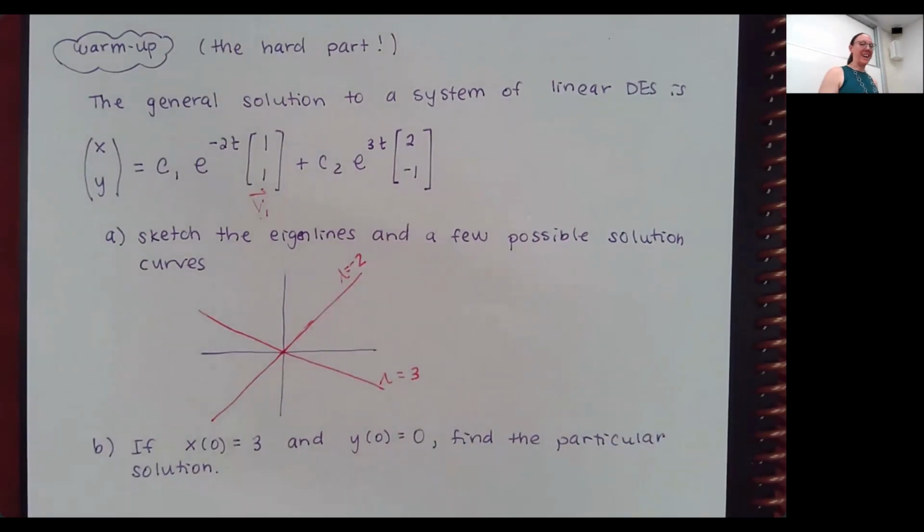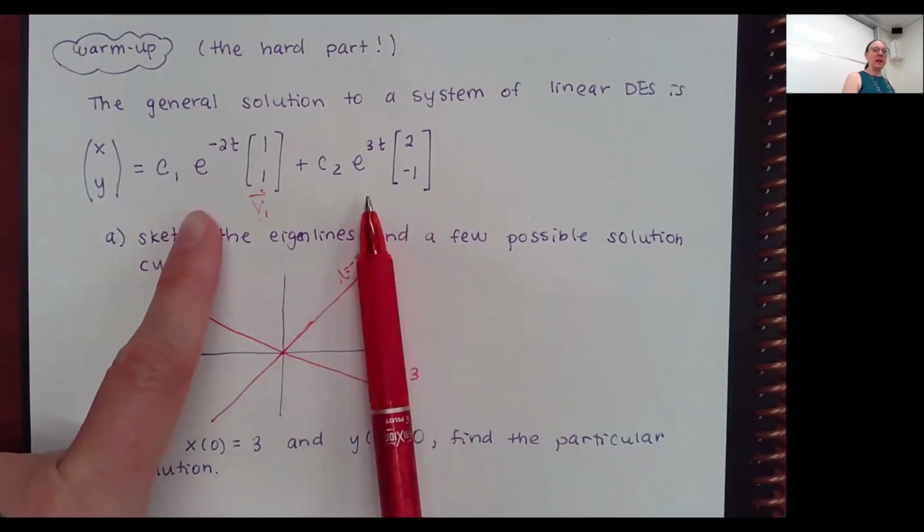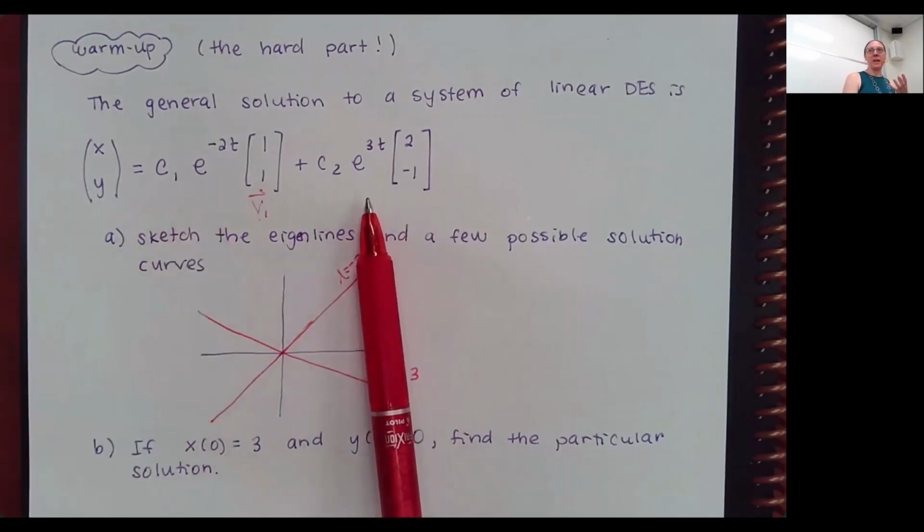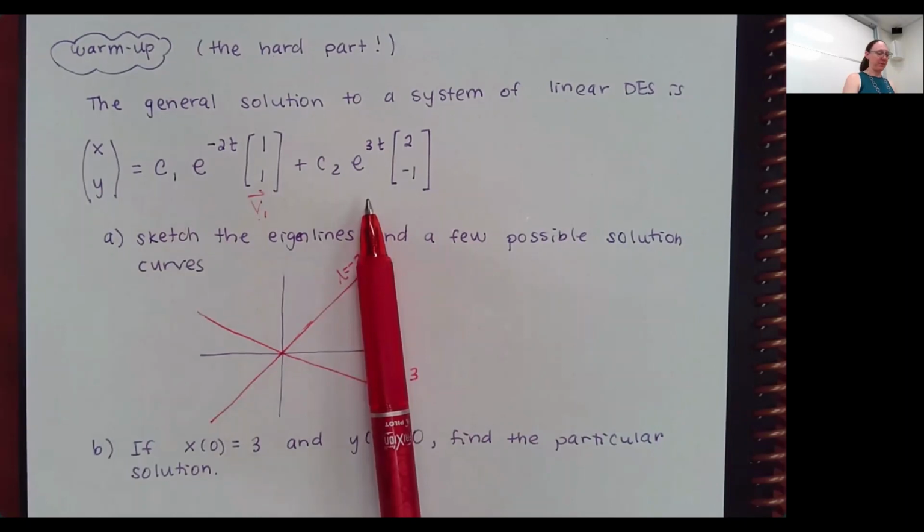So along the eigenlines, I'm either going to be going towards the equilibrium of 0, 0, or away from the equilibrium of 0, 0. And the way that I can tell that is by looking at my general solution and thinking about what's going to happen as t approaches infinity.